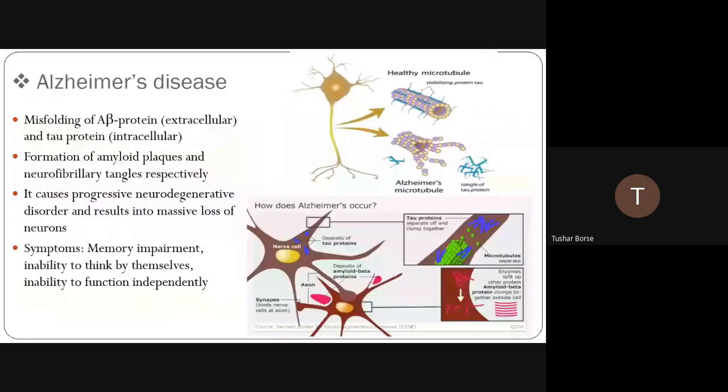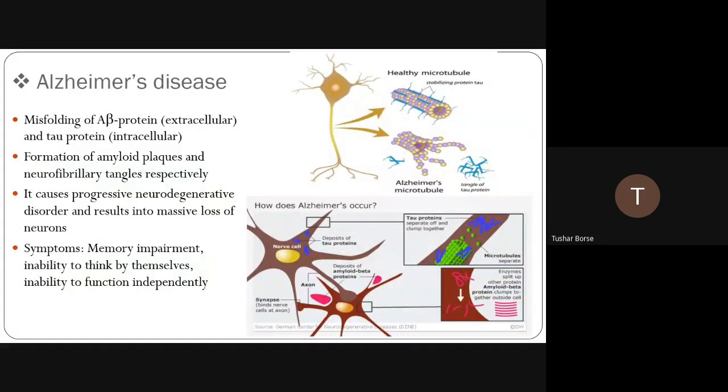Alzheimer disease. If there is misfolding of amyloid beta protein and the tau protein, then it causes Alzheimer disease. Amyloid beta protein deposits extracellularly.